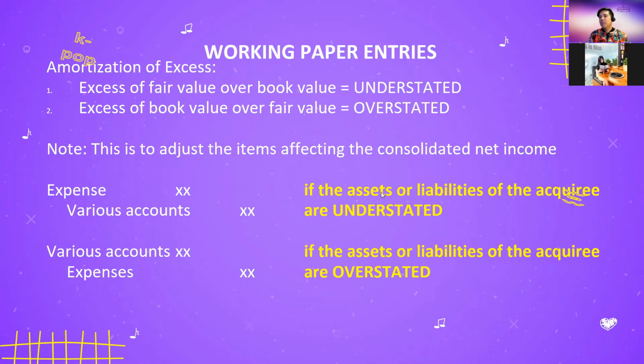Okay, so what's a good example of this? If the fair value of a depreciable asset is understated, then your depreciation is also understated. So all you have to do is post the related depreciation. Likewise, if the assets or liabilities of the acquiree are overstated, here are the pro forma entries.